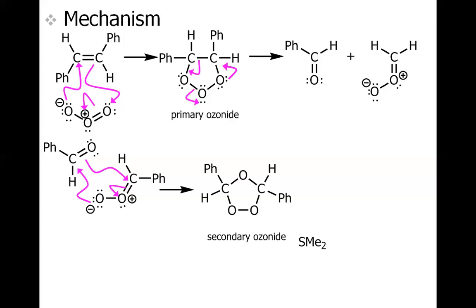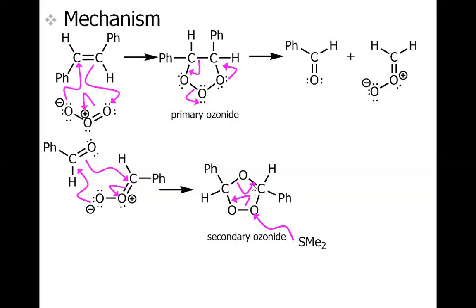For instance, this time we have dimethyl sulfide. So this lone pair of the sulfur of dimethyl sulfide will attack this electrophilic carbon. As a result, this oxygen-oxygen bond, which is a weaker bond, will be broken, and then we have the carbonyl here. And to avoid the pentavalency of carbon, this CO bond has to be broken.